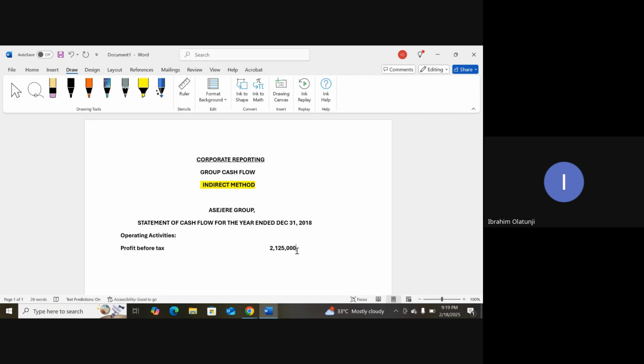You have to add them back. The income that you added to your profit, you have to deduct those ones. So that is what I mean by adding back the item that is not involved in the movement of cash.